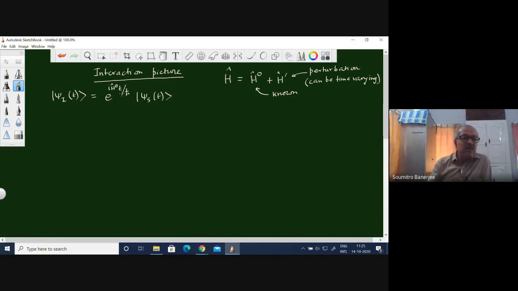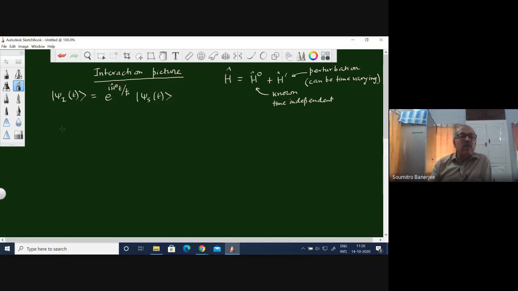This is time independent. This can or cannot be time varying. In some situations, the whole thing might not be time varying, so in that case, this part will also not be time varying. But any time variation will be incorporated in this part. So in the interaction picture, we have this as the definition of the psi in the interaction picture.